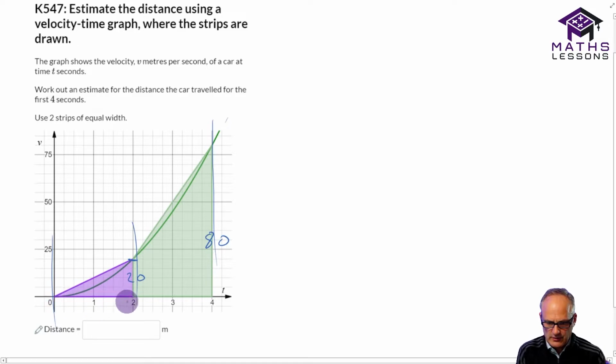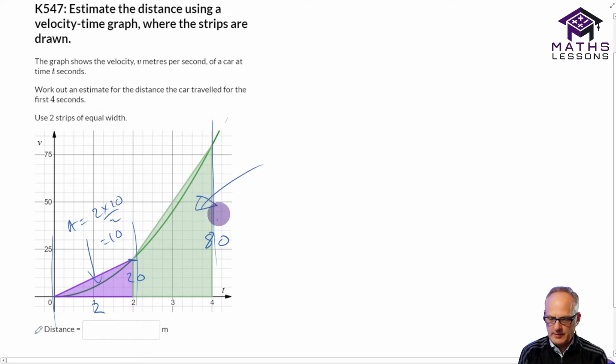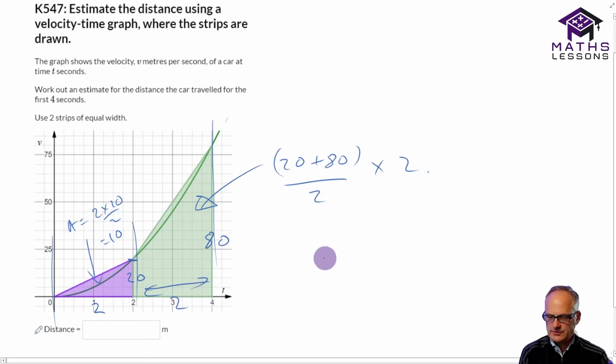So we have a triangle here where the base is equal to 2 and the height equals 20. So our purple area will equal 20 times 2 divided by 2, which is just equal to 10. And this one, remember, we did the 2 parallel sides times by the distance between them. So we got 20 plus 80 divided by 2 times by the distance between them, which is also 2.